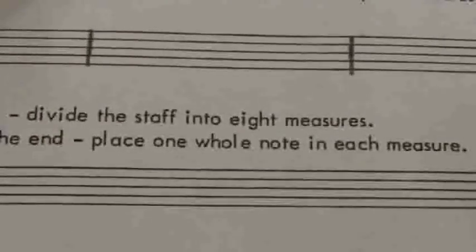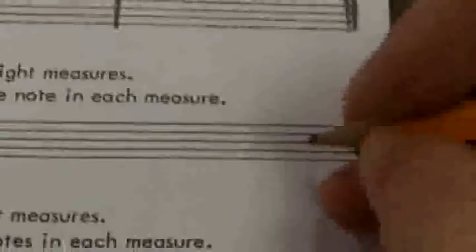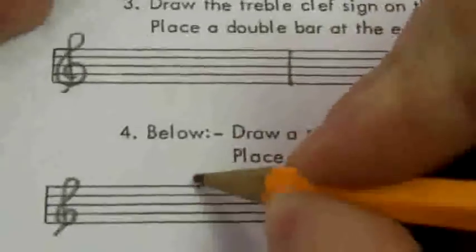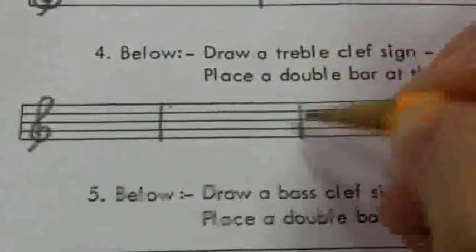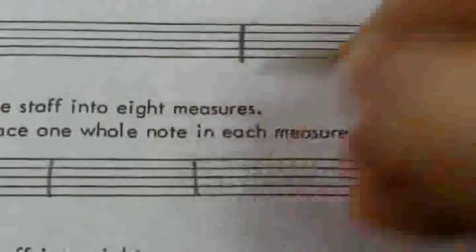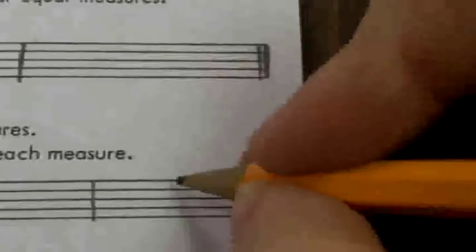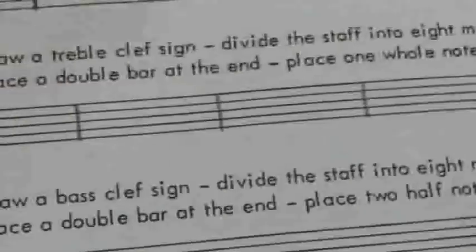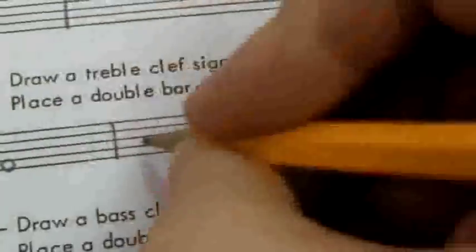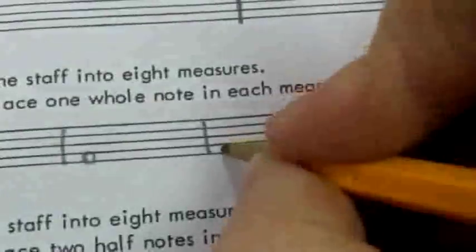Divide it into 8 measures, and place our double bar at the end. 1, 2, 3, 4, 5, 6, and I didn't do it as well as I should have, but you get the idea. And then draw a whole note in each measure. It does not have to be on any particular line. It can be just anywhere you want it.